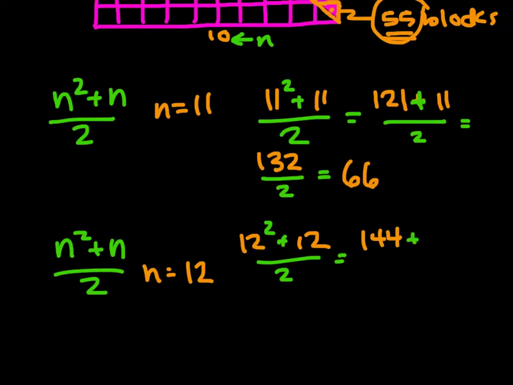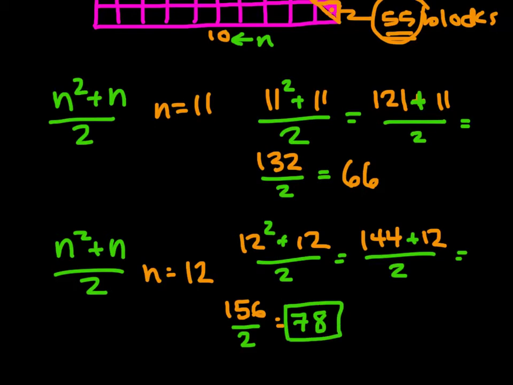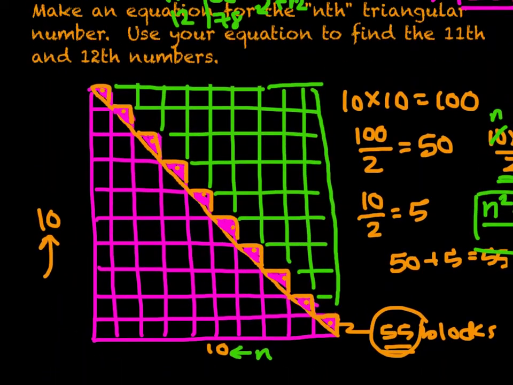We're going to add 12 to that, and after that divided by 2. Next step, 144 plus 12 is 156 divided by 2. 156 divided by 2 is exactly 78, exactly what we wanted. So our equation works, and we figured out our nth number.